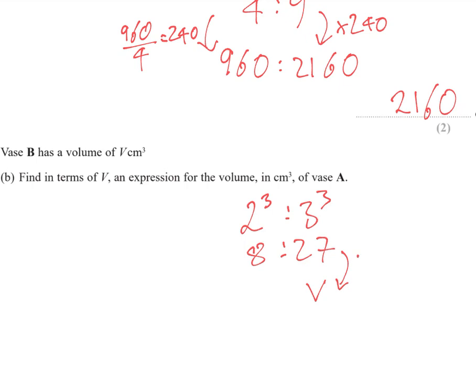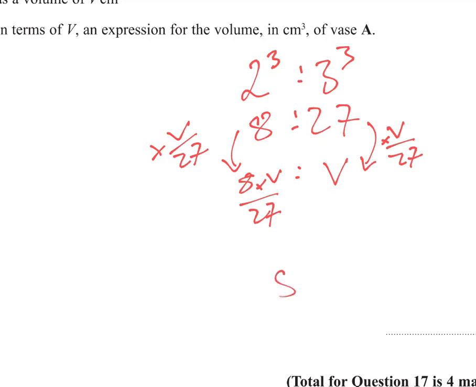Well, we'll do the same as we did there. V over 27, which means we've got to times this by that. So this is 8 times V over 27, which is 8V over 27.